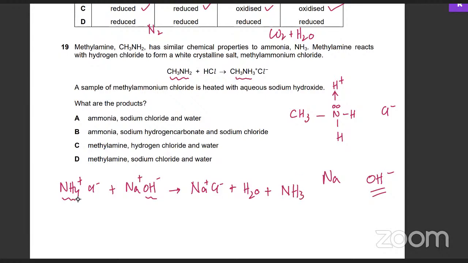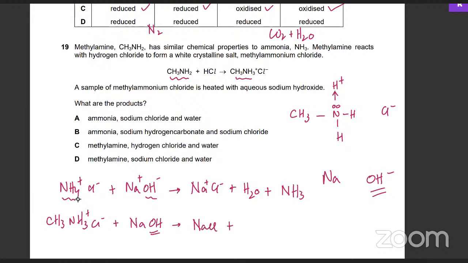So the same thing would happen in this case as well. The only difference is that you have a methyl ammonium ion. As was said earlier, they behave in exactly the same way. So you've got NaOH, and the salt that's going to be produced is NaCl.